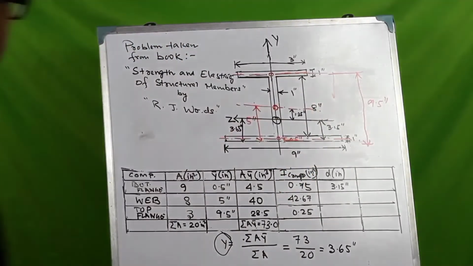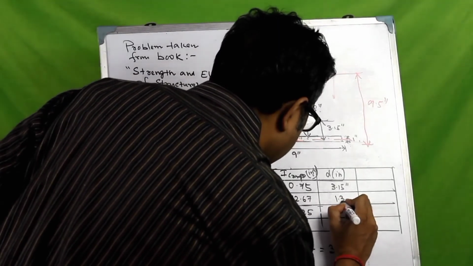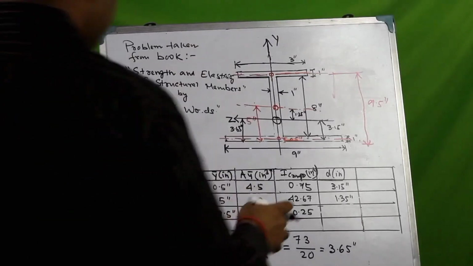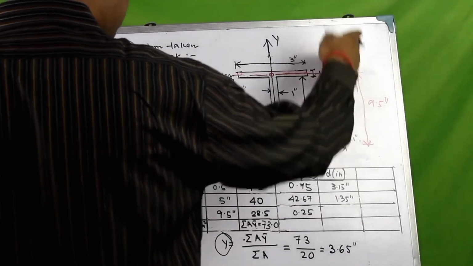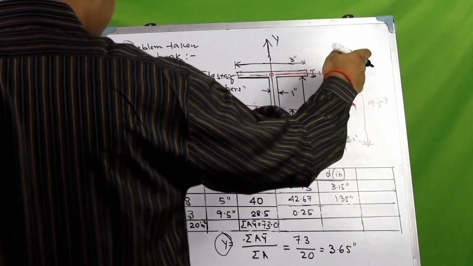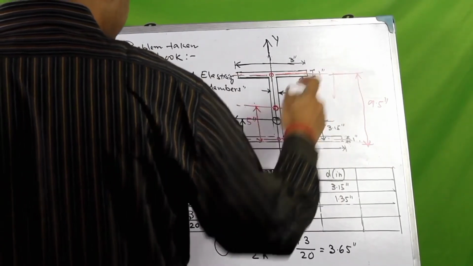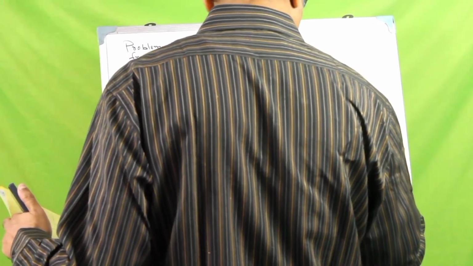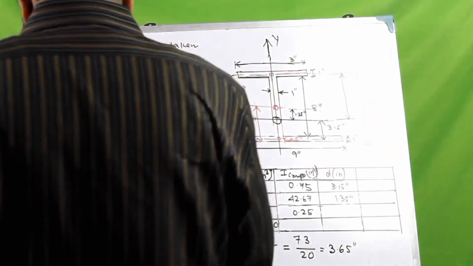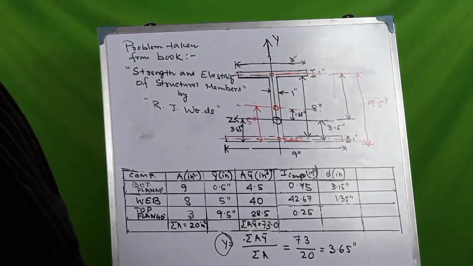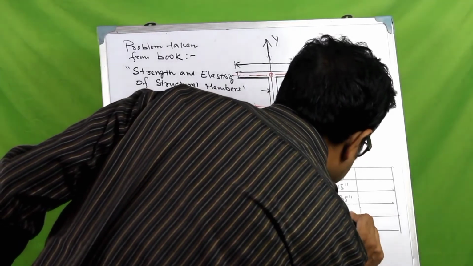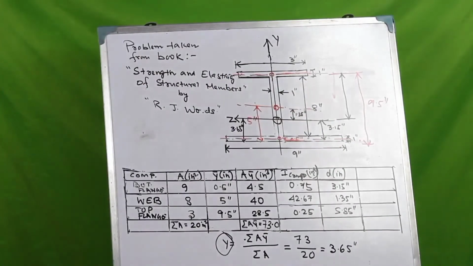So that would be 1.35 inch. And finally, for the top flange, what's the centroidal distance from the bottom flange? 9.5. And so 9.5 minus 3.65 would give this distance, which is 5.85 inches.